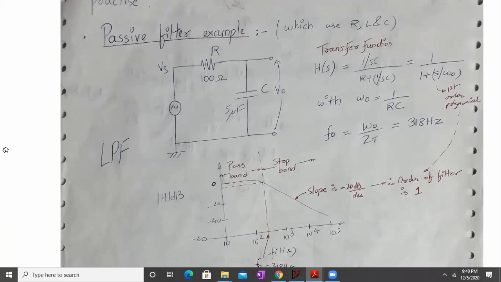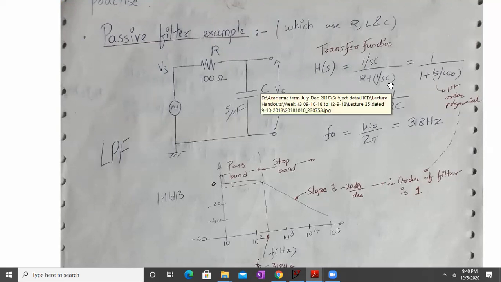What will be the transfer function of this? H of S, which is V out of S upon V in of S, will be 1 upon SC divided by R plus 1 upon SC. Here we can write the same thing as 1 divided by 1 plus S upon omega naught.